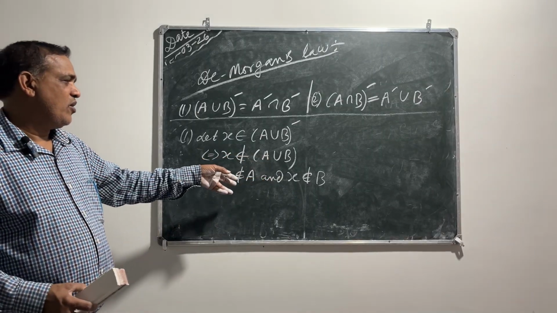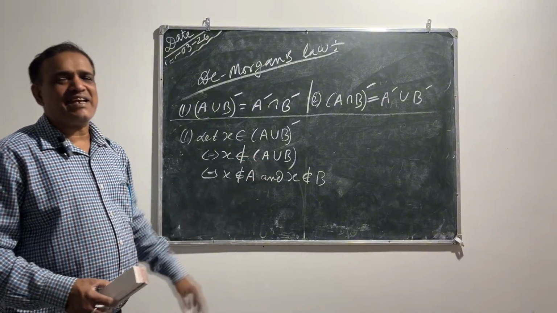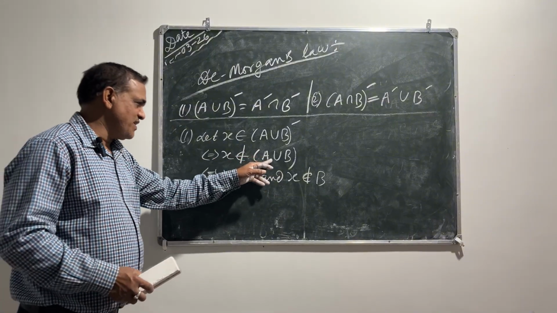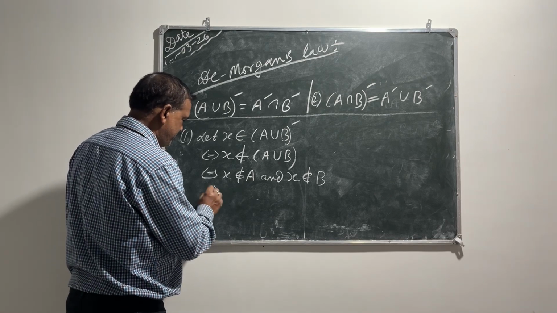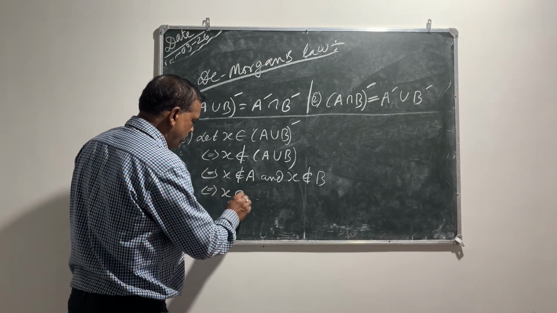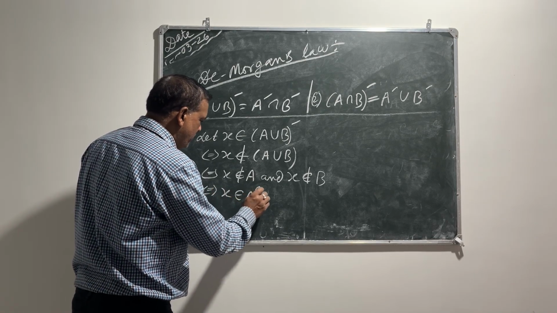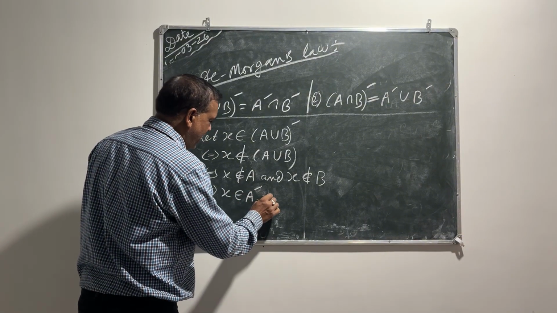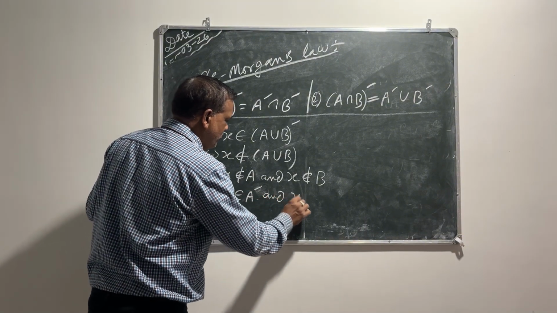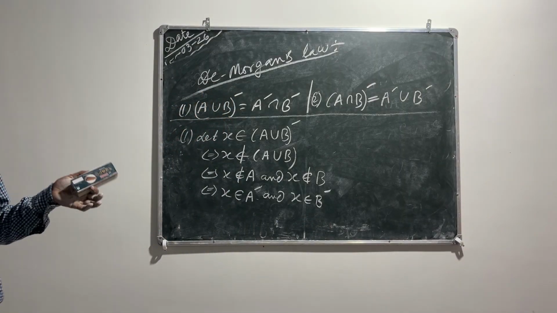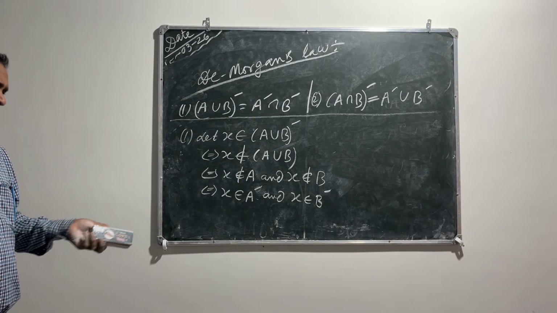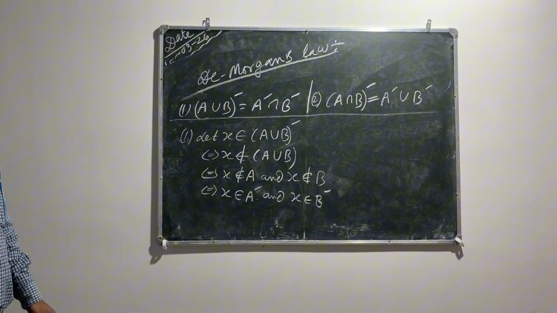In case of does not belong, union can be replaced by and, and intersection can be replaced by or. So since it is union, we can write and. That implies X belongs to the complement of A, that is A dash, and X belongs to B dash. If X does not belong in A, then definitely X will belong in A dash.